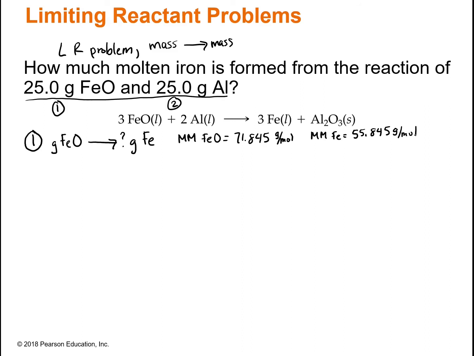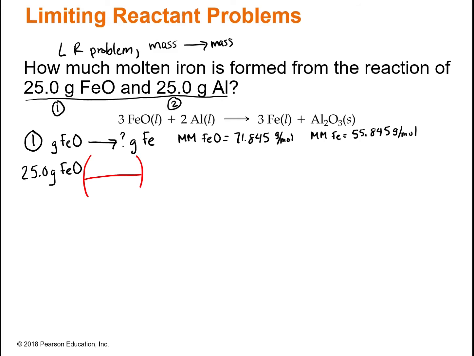Now that we've got those pieces, we can get started putting our equation together. The starting information that we're given is 25 grams of iron 2 oxide. Since this is a mass-to-mass problem, we have to convert that first mass to moles. That always means molar mass.